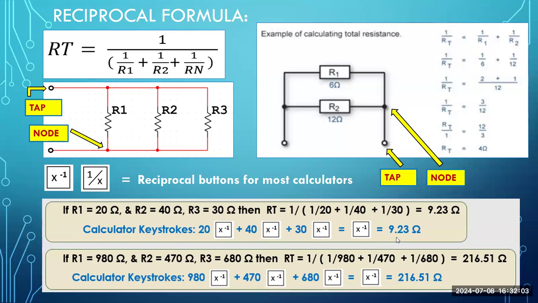So try the sequence on your calculator, verify that you're able to calculate 9.23 for the first example, and then verify that you can calculate 216.51 ohms in the second example using my keystroke sequence as shown. This was shown in great detail with keystroke steps on the camera in live view in topic number 6. So if you didn't see that, please review topic number 6, and you can see all of these buttons calculated in real time on your calculator.